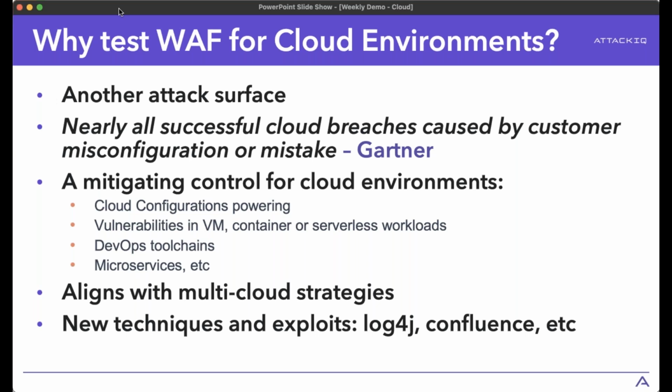It also aligns with multi-cloud strategies. A lot of organizations these days leverage multiple cloud vendors to support their redundancy and high availability approaches. So they might leverage AWS for certain components, or part of a redundancy strategy, and leverage other cloud vendors as well in order to have that strategy of redundancy, right?